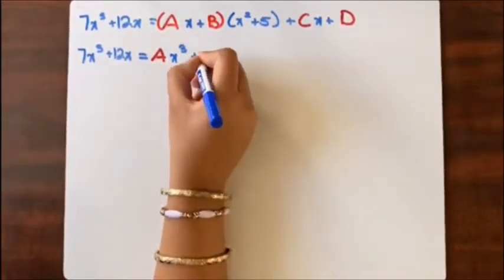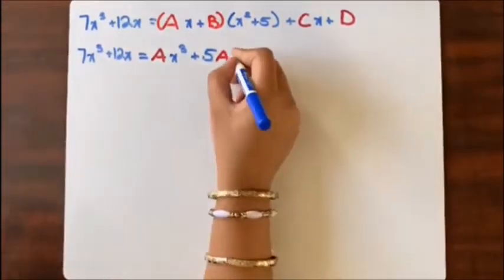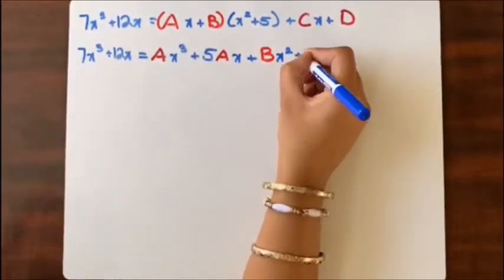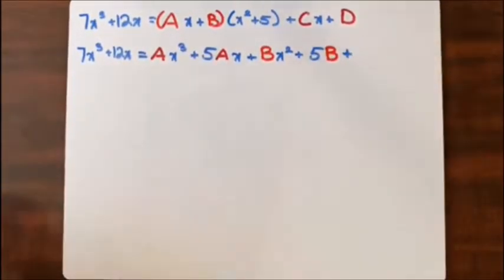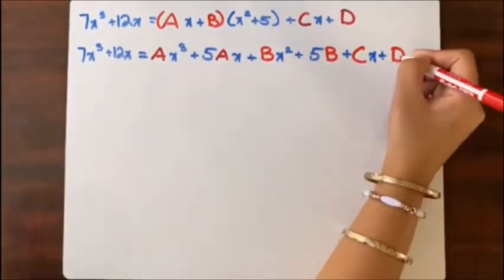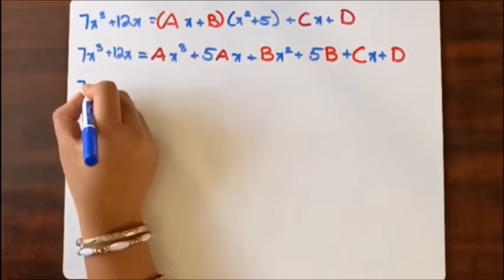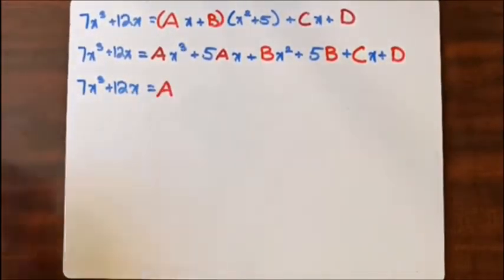Let's expand this to ax cubed plus 5ax plus bx squared plus 5b plus cx plus d. Now, combine any like terms.